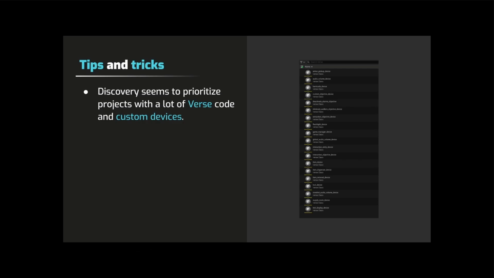When we pushed Kagami, in probably an hour or less, you can actually see this on Fortnite.gg, it got into discovery extremely quickly and it stayed there, compared to other projects that I had to wait maybe a week to get into discovery. So if you're taking your project seriously, make sure you put a lot more work into verse instead of just relying on the pre-built devices that Fortnite gives you.